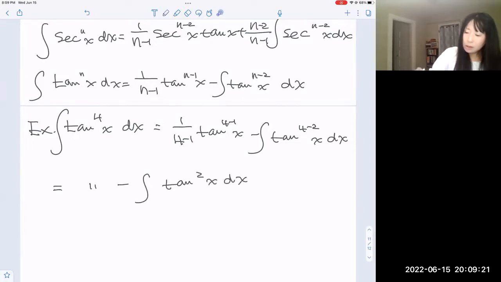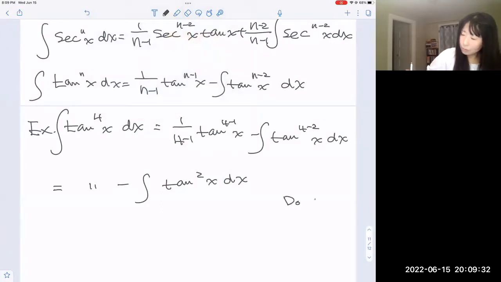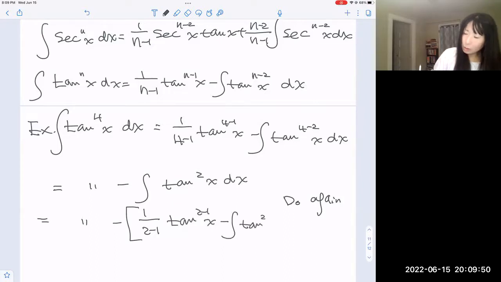So let me make a detour. Okay, since we cannot integrate this one, we're gonna use the reduction formula again. So let me make a detour, and then 1 over n minus 1, so 2 minus 1, tan 2 minus 1, minus tan 2 minus 2 dx, right?